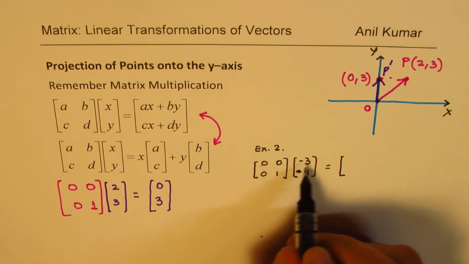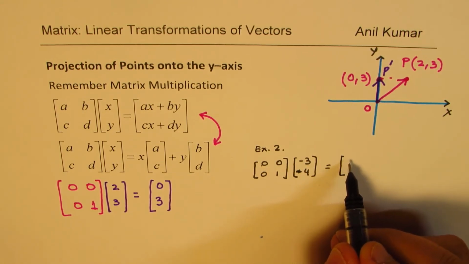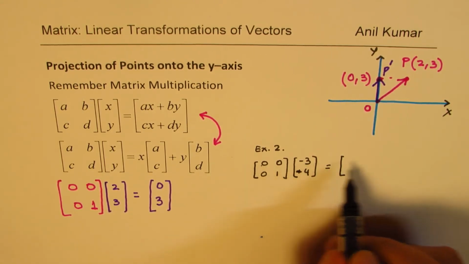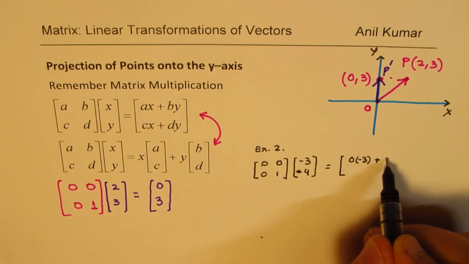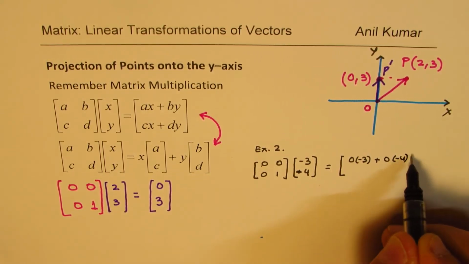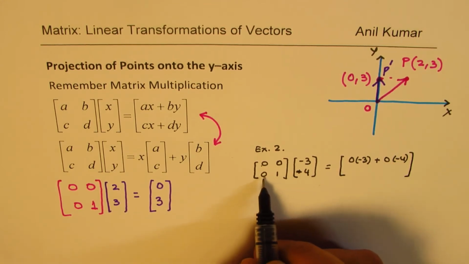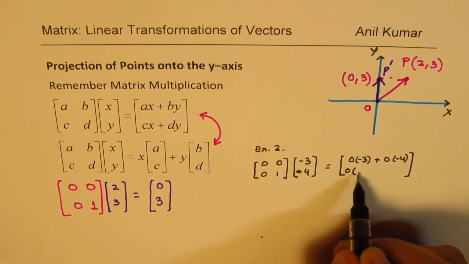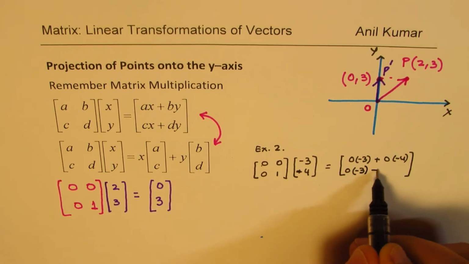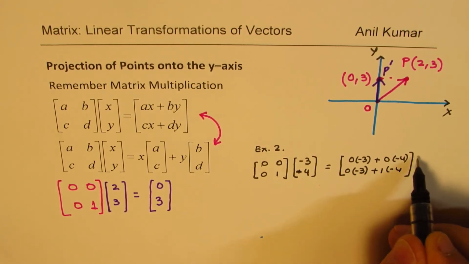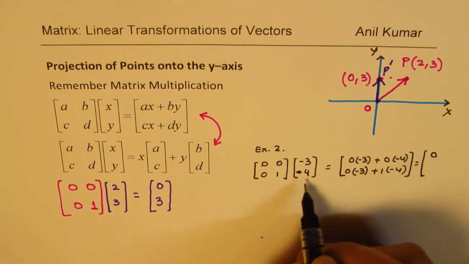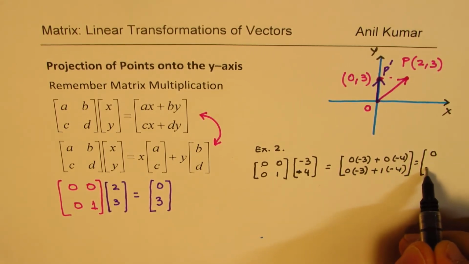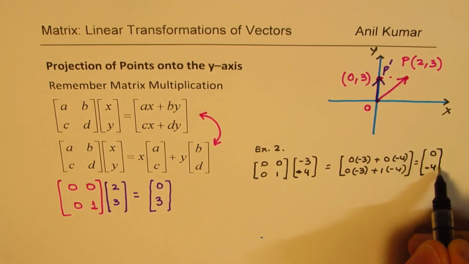I get 0 times minus 3 plus 0 times minus 4, which is indeed 0, and then I get 0 times minus 3 plus 1 times minus 4. So what we get here basically is 0, and we still get the value minus 4 for y.